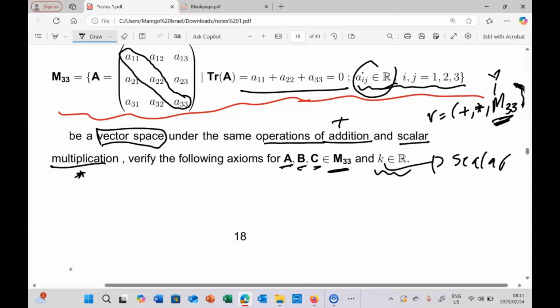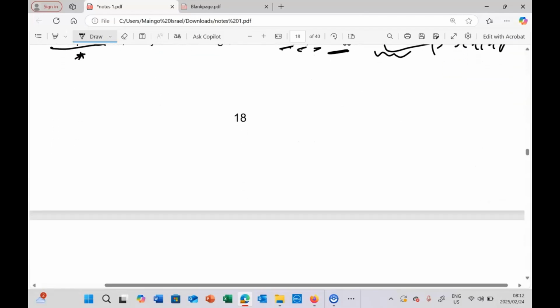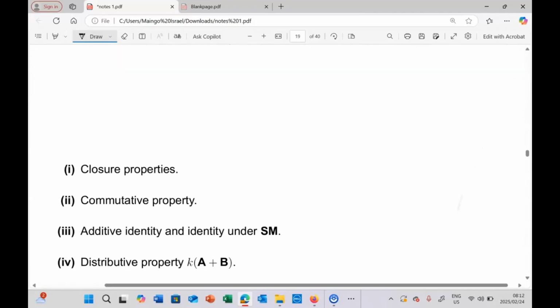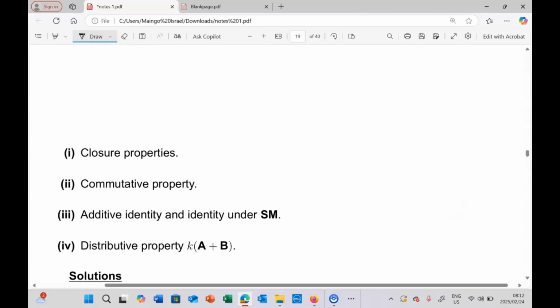These are vectors, vectors in the form of matrices. So we're dealing with matrices. Now you verify these for A, B, C belonging to M33 and K belongs to real number.